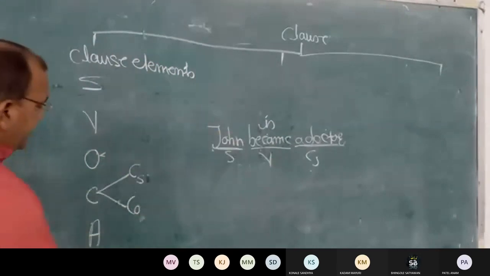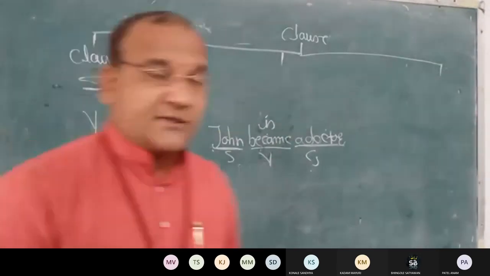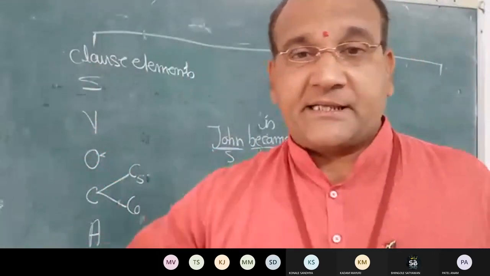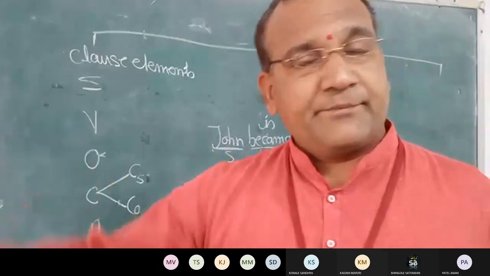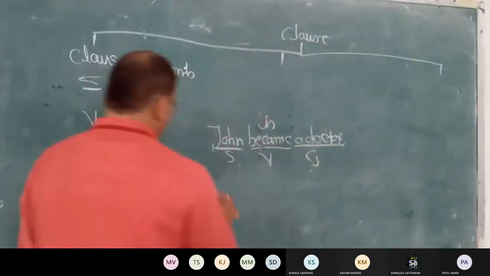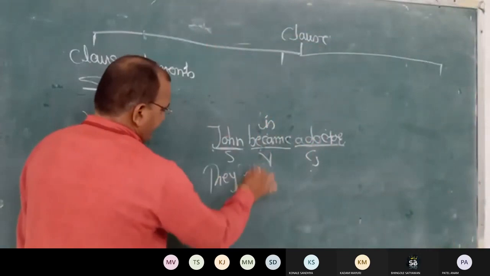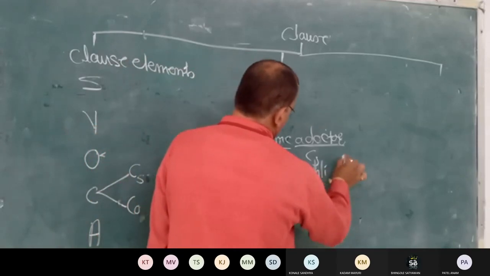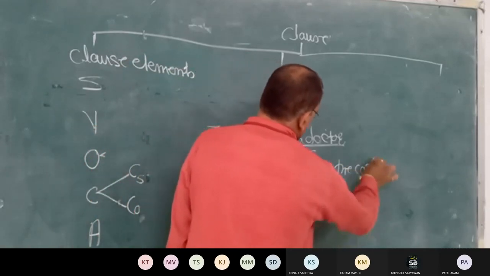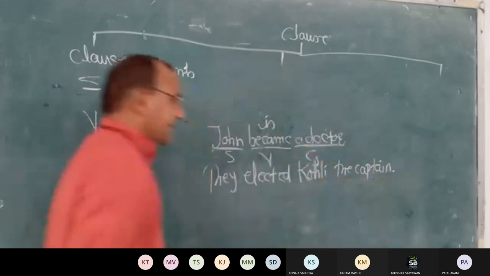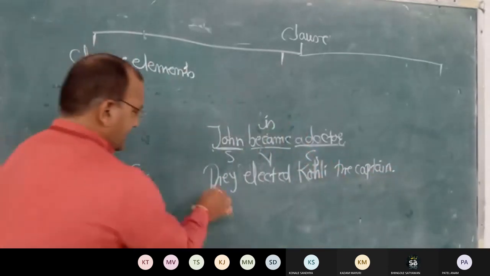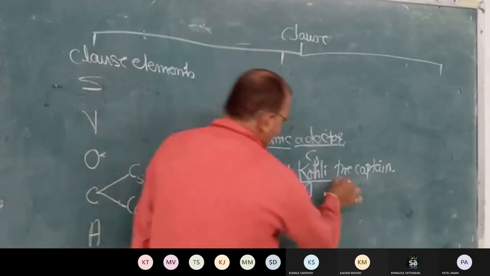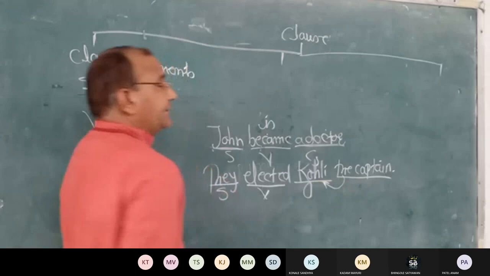Complement to object, for that we require a complex transitive verb, wherein we have subject, verb, object, and what comes next relates itself, refers to the object. For example, they elected Ram the captain. Who did the action, what action was done, on whom the action happened, and the captain refers back to Ram.